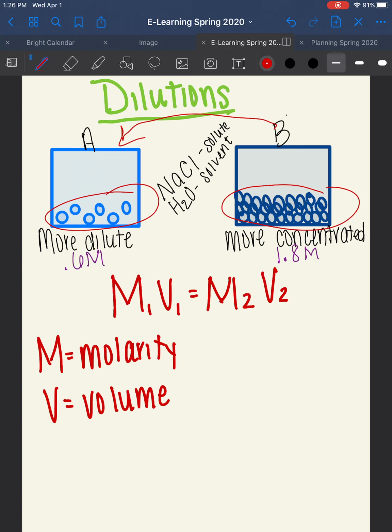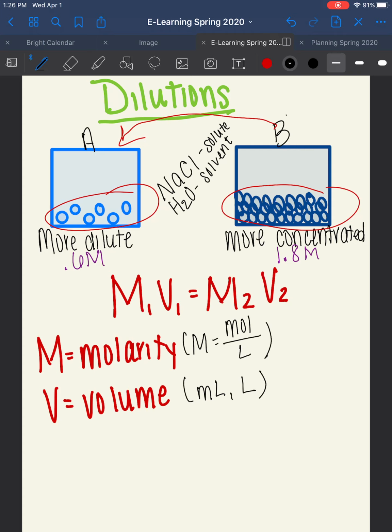The dilution equation I wrote down here is M1V1 equals M2V2. First, let's talk about what these letters mean. Capital M stands for molarity, and remember, molarity is your moles per liter. V stands for volume, which is either going to be measured in milliliters or in liters, depending on the problem.